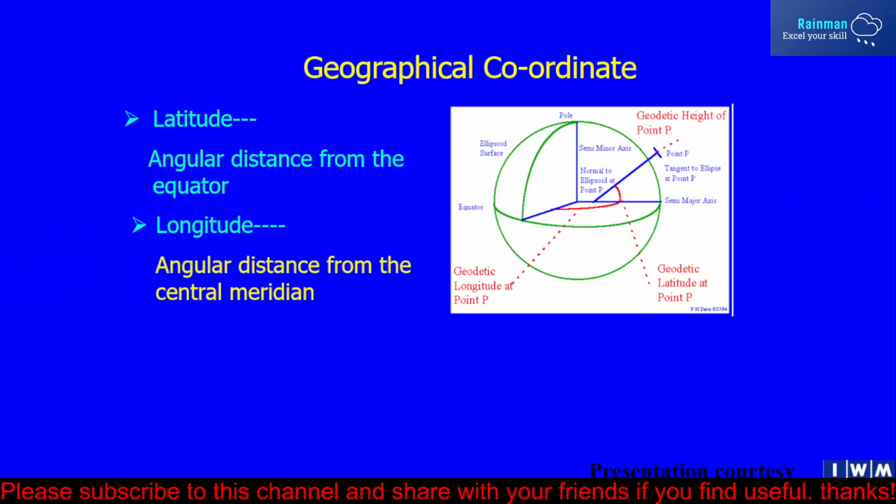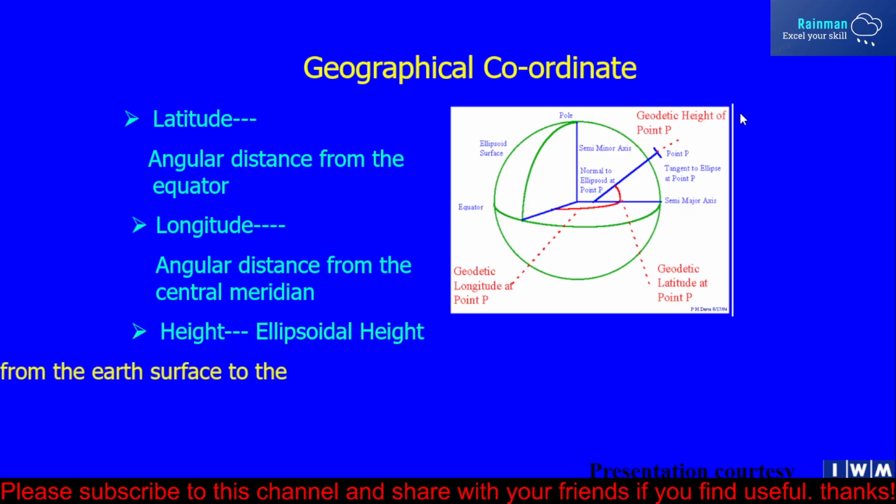I have already discussed what latitude, longitude, and ellipsoidal height are. Ellipsoidal height means the distance from the imaginary ellipsoid that we consider to that point.